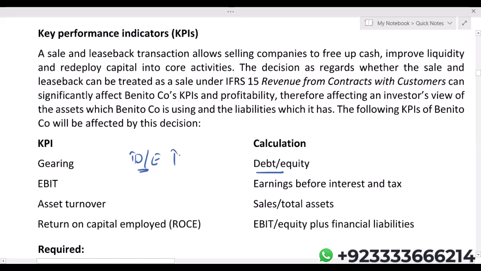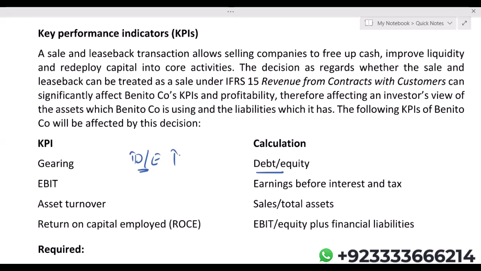So the gearing ratio will be higher when transfer is not qualifying as sale as compared to when transfer qualifies as sale. Because when transfer qualifies as sale, then lease obligation plus even the 0.75, I would say the loan amount, they are lower than the 7.5 million amount. So is this clear? When sale is not qualifying as sale, your gearing ratio will be higher.